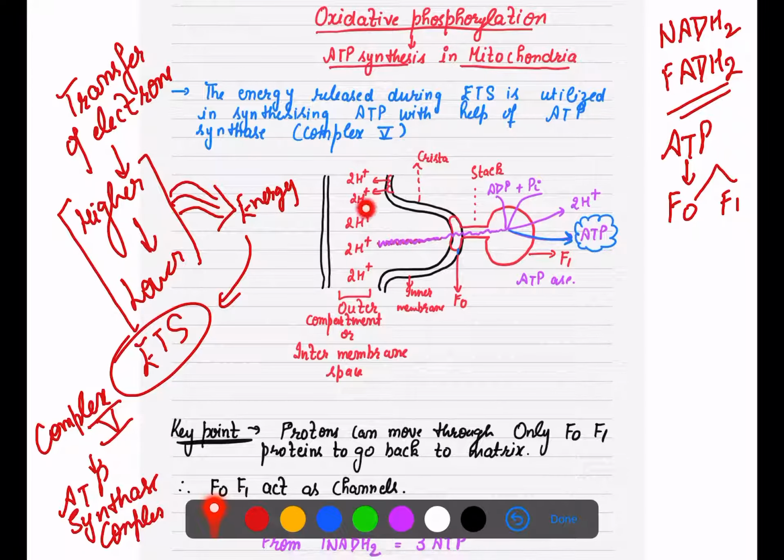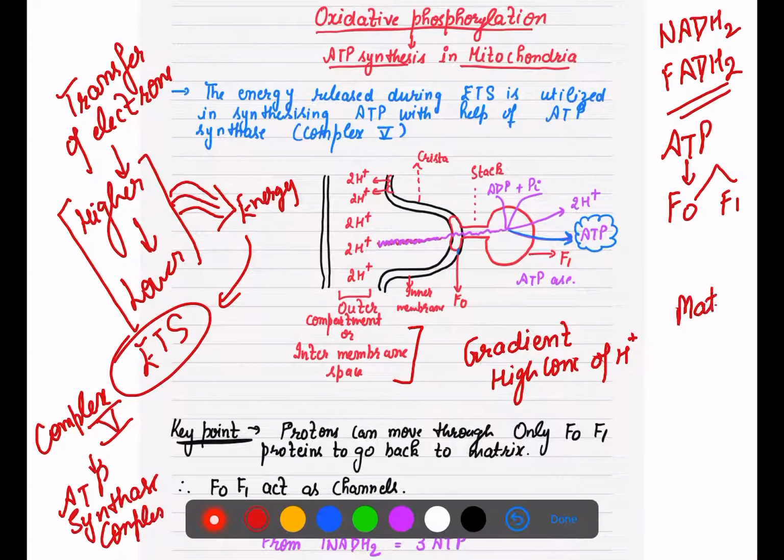Now once protons move from the matrix to the intermembrane space, a gradient is formed: in the intermembrane space there is a high concentration of protons as compared to the matrix. In the matrix there is a low concentration of protons.